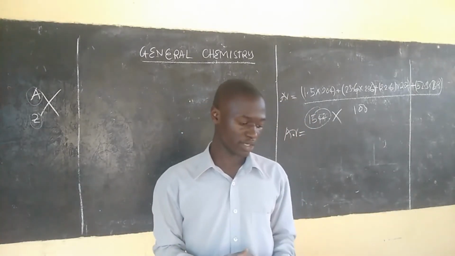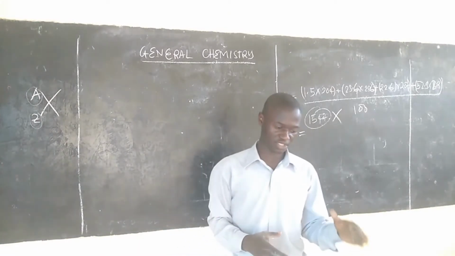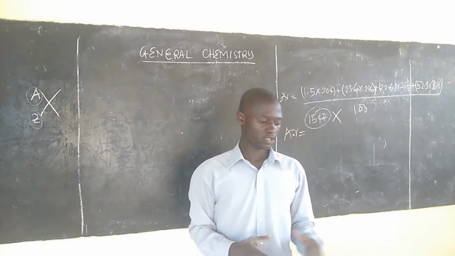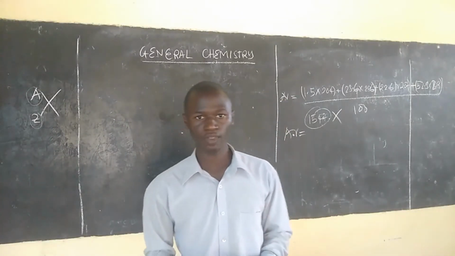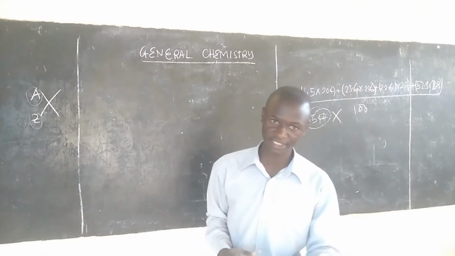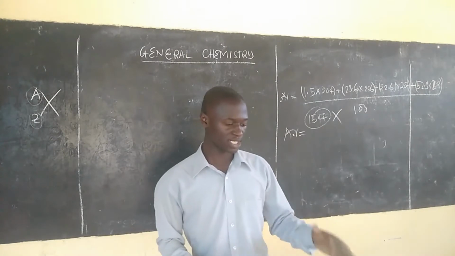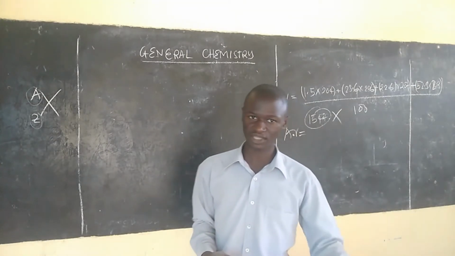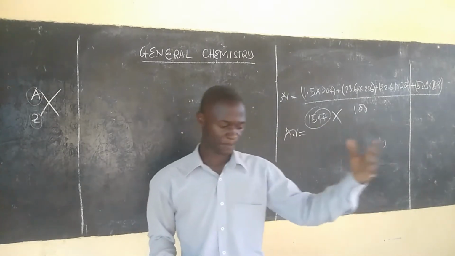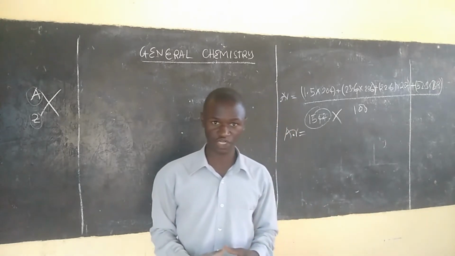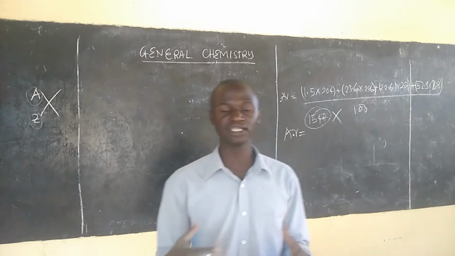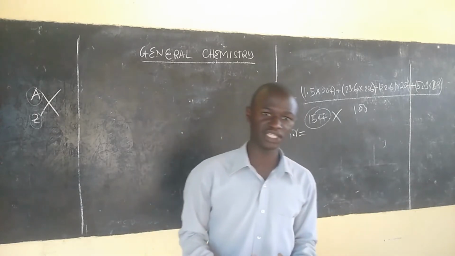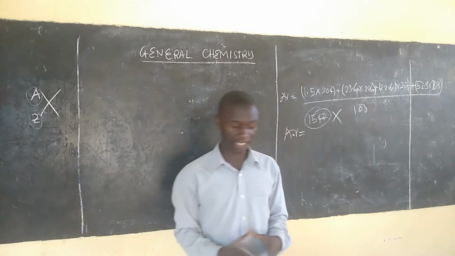So we'll start by discussing the Thomson model of an atom, Rutherford, and then Bohr. How did these scientists discuss the structure of an atom? Later, after discussing these three scientists, we'll discuss other suggestions regarding the structure of an atom, which were suggested after some time.